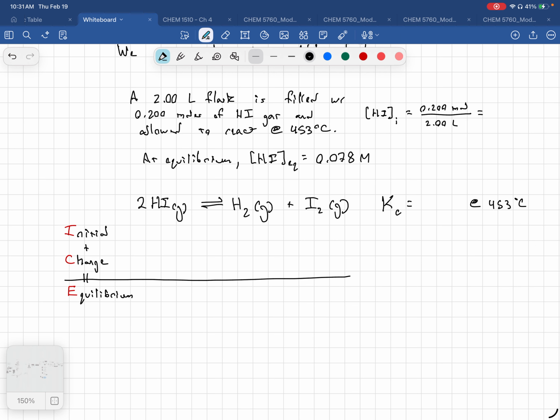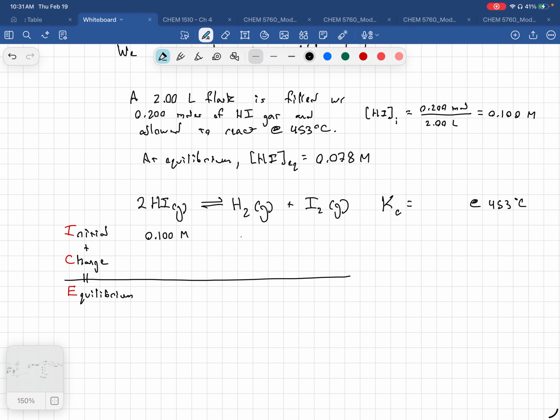If we do that, 0.200 divided by 2.00, we get 0.100 moles per liter. So our initial concentration of HI, in the initial row here, is equal to 0.100 moles per liter.